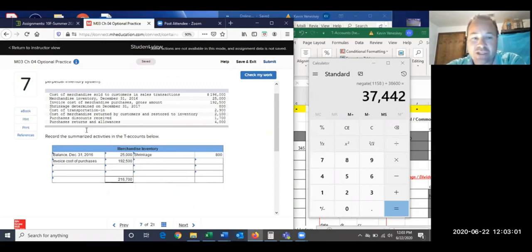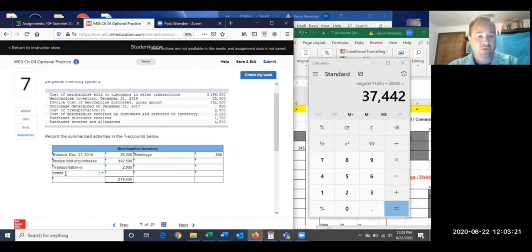Cost of transportation in, so that's part of shipping to get it ready to our store. So we're going to put that over here. Transportation in, 2,900. Cost of merchandise returned. This is returned by customers, so that's coming back to us. So I'm going to put that here.